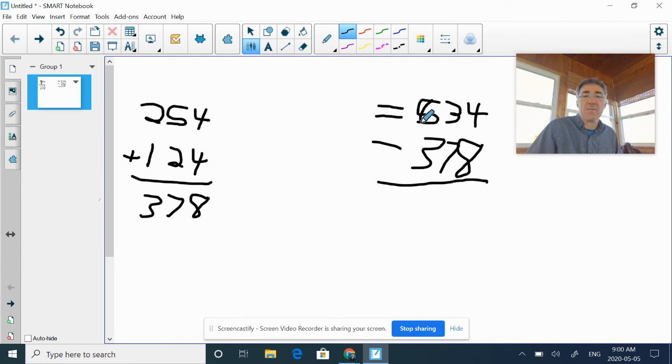And I've got to borrow from here, and I'm going to have to borrow from here. Get that turned into a 14. So 14 minus 8 is 6. 12 minus 7 is 5. And 4 minus 3 is 1. And so, yes, I confirmed that I actually got my 156 once again.